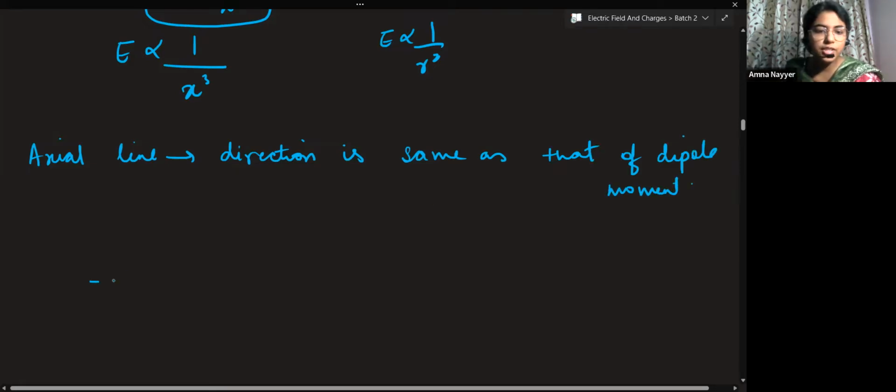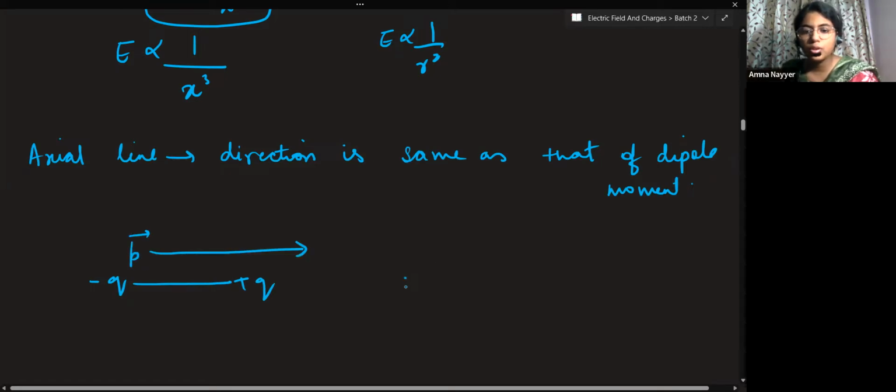It means I have charge minus q, I have charge plus q. The direction of dipole is from the negative charge to the positive charge, means in this direction. This is the direction of dipole. So if I have a point at A, electric field will also be in this direction. Whatever is the direction of dipole, that will be the direction of electric field.